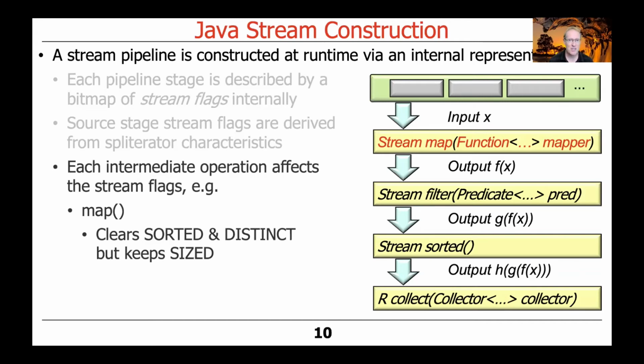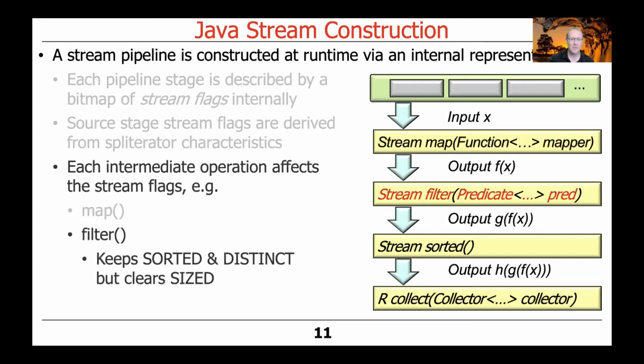But it still keeps the sized flag set because it still knows it's going to have as many elements coming in as coming out. In contrast, the filter intermediate operation doesn't change the values. So if it was sorted before, it'll still be sorted. If it was distinct before, it'll still be distinct.